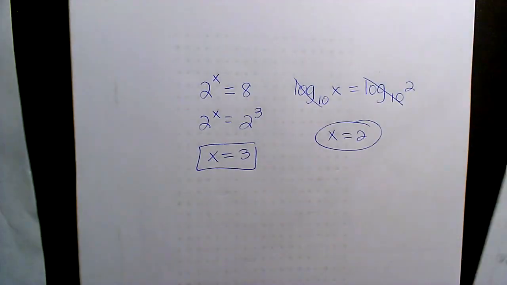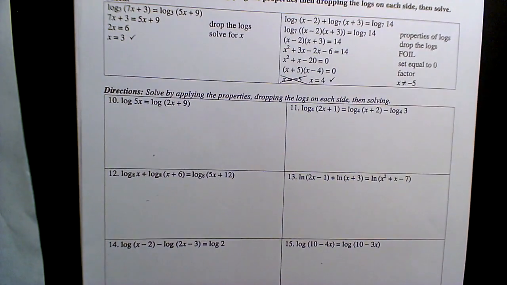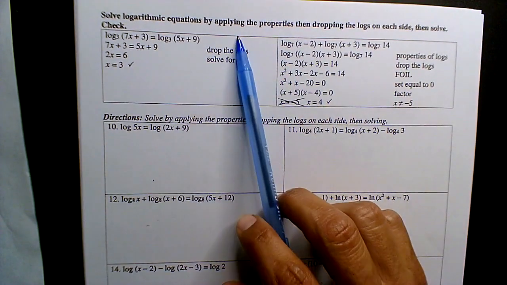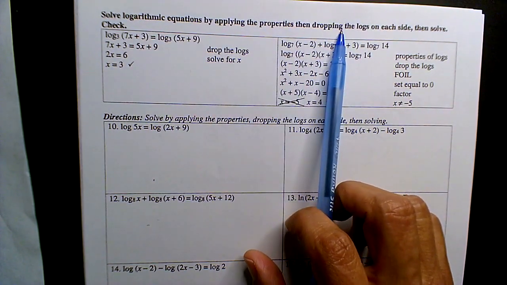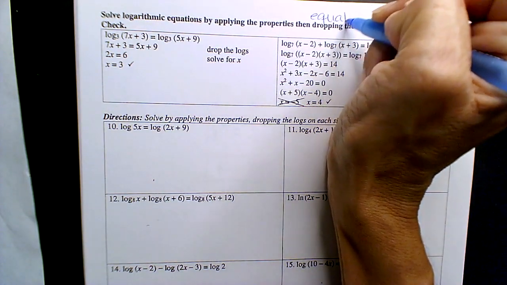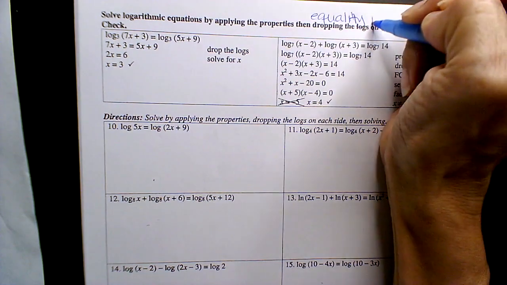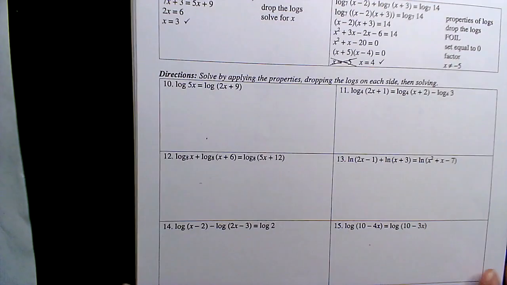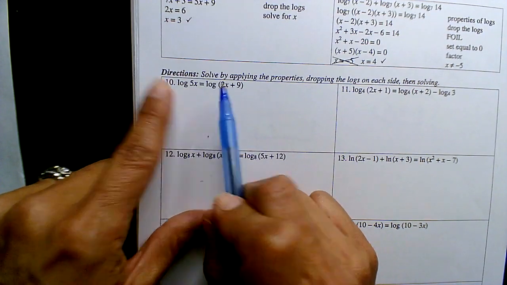Okay, so using the equality rule, that's what this is, applying the properties and dropping the logs. I know they say dropping the logs, but it's really the equality rule. On each side, then solve. So here you have log base 10, right?